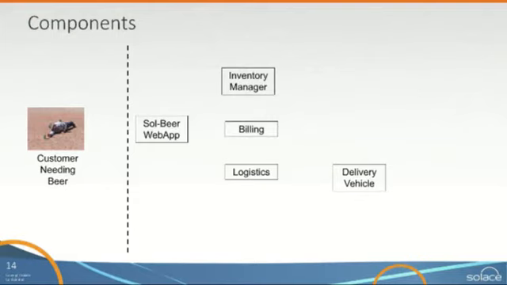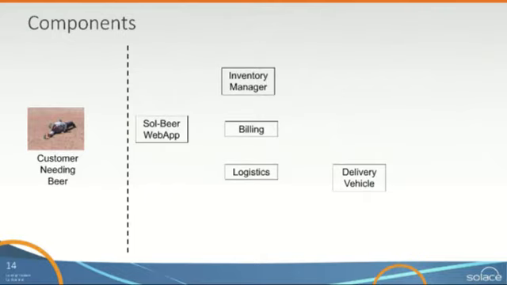That's the key user that we need to ensure is happy. They would access our system via our web application. And then there are some back-end services that are certainly needed. An inventory manager that's going to keep track of what beers are in stock, how many are in stock, which are reserved pending delivery, all of those kinds of aspects.